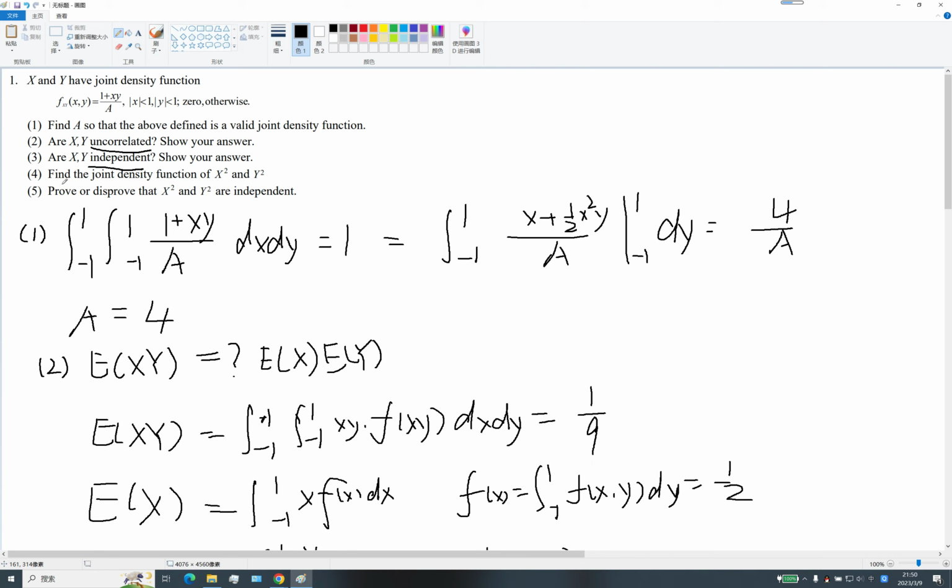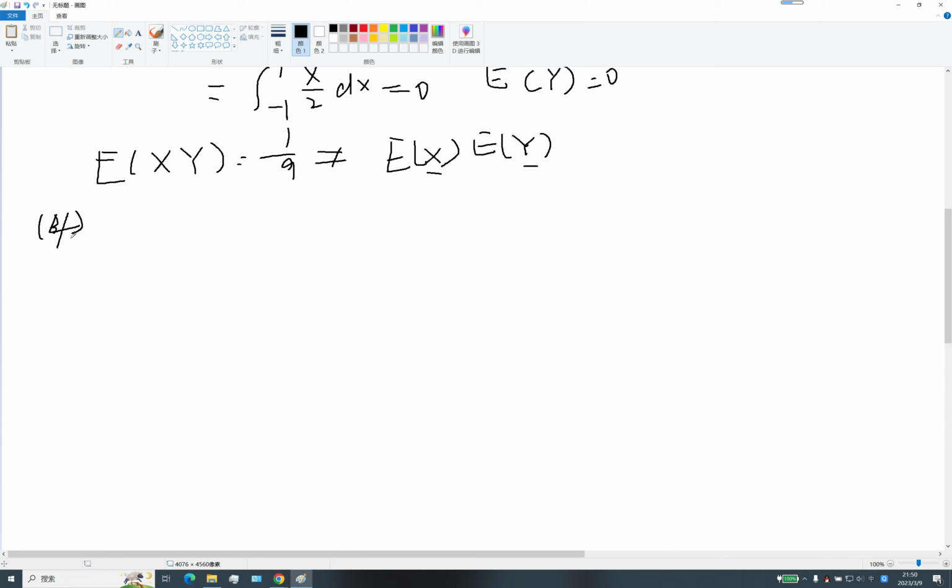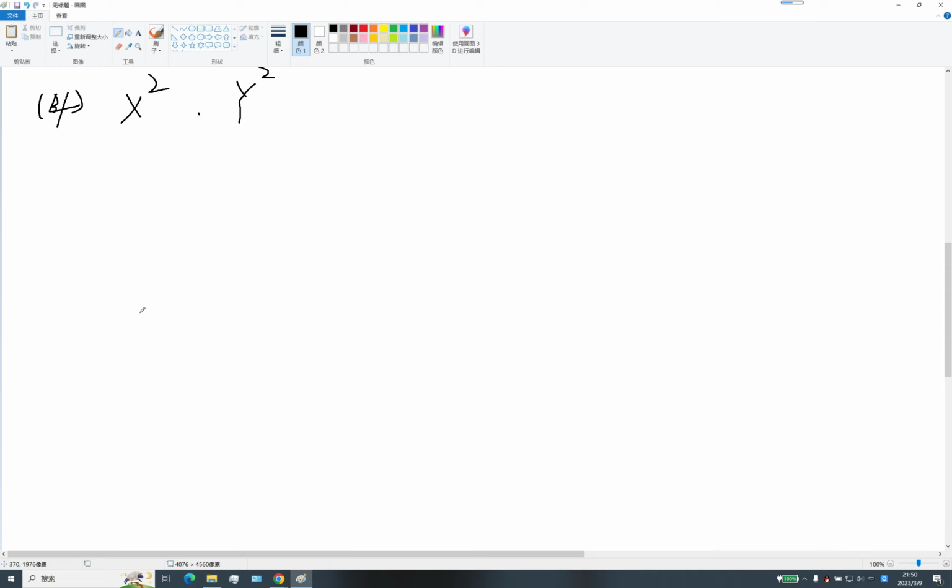And question 4, find the joint density function of X squared and Y squared. We can let Z equal X squared and W equal Y squared.